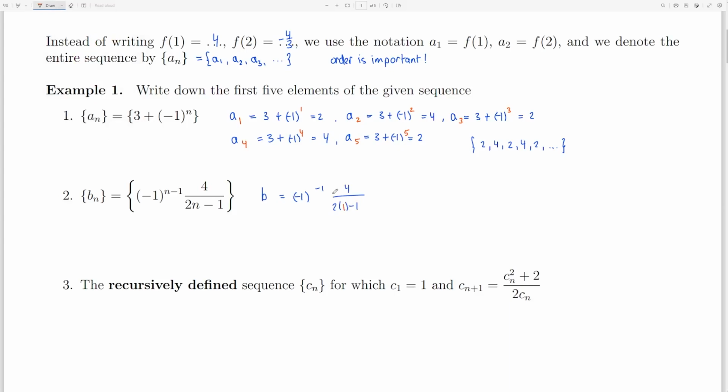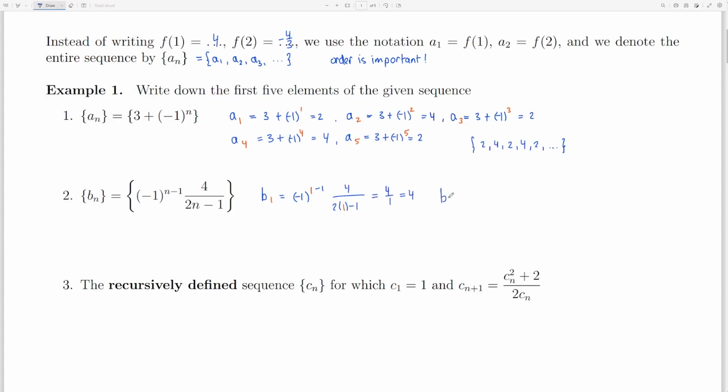So we have 1 minus 1 in the exponent here, and then in the denominator 2 times 1. When you simplify that, -1 to the power 0 gives us positive 1. So that's just a positive 4 over 1, or just 4.